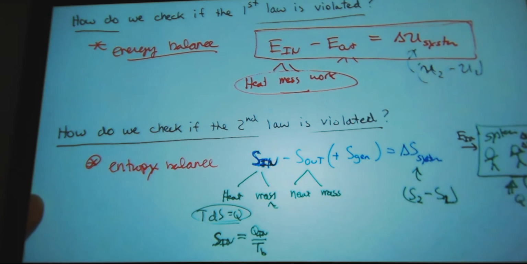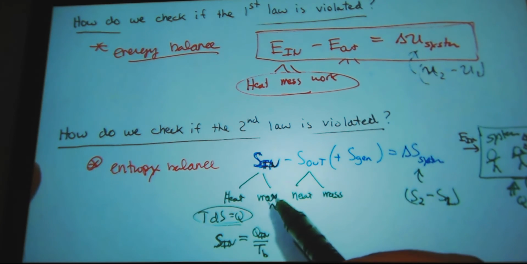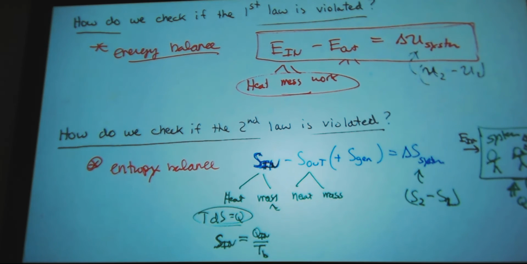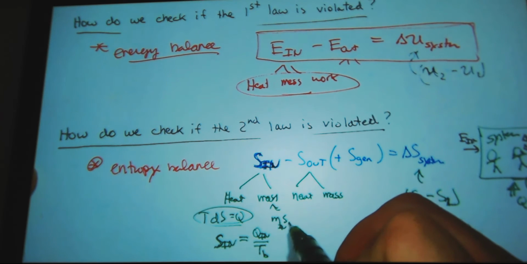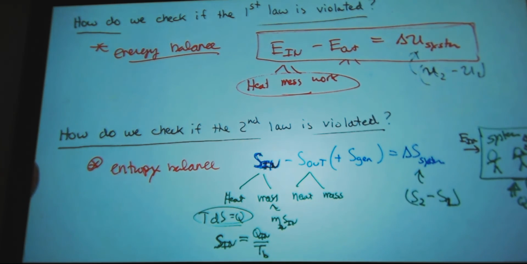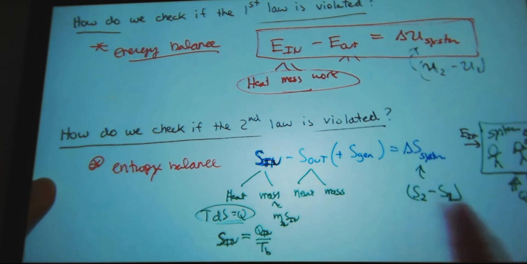Now with mass, just like we had an energy per unit mass and an enthalpy per unit mass, we have an entropy per unit mass. And if you remember, we just multiplied m times small u and m times small h in our energy balance equations. Now we're going to say m times small s. So this is mass in, entropy in. And so I can do the same thing. So let's write out this whole thing in this simplified form.